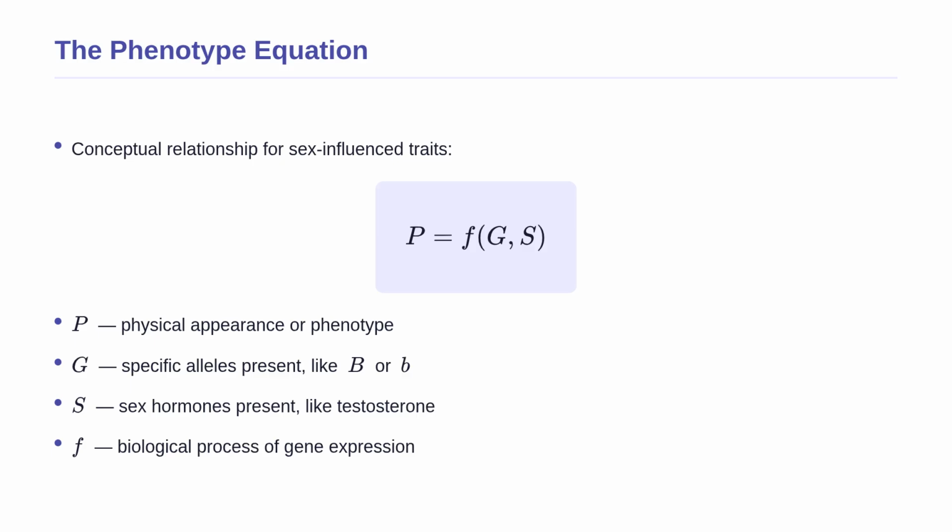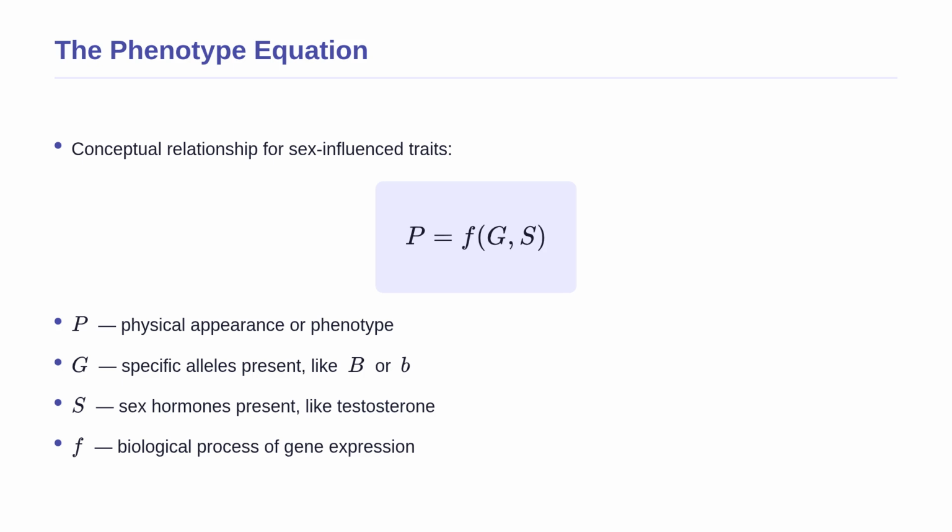The variable G represents the genotype, meaning the specific alleles the individual inherited, such as capital B or lowercase b. The variable S represents the internal sex hormones present, like testosterone or estrogen. Finally, the function F represents the biological process of gene expression itself.